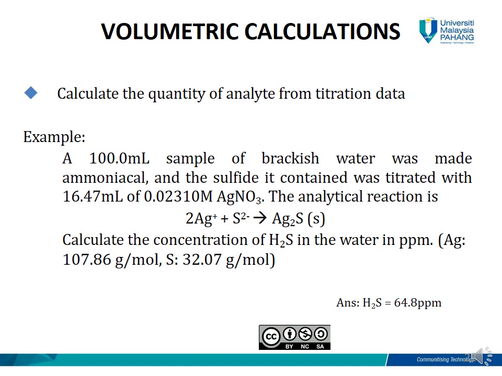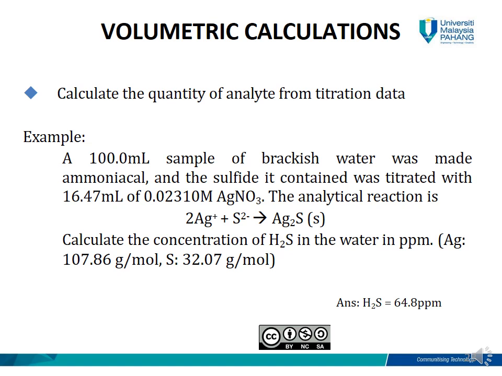Another example. A 100 milliliter sample of brackish water was made ammoniacal, and the sulfide it contained was titrated with 16.47 milliliter of 0.02310 molar silver nitrate. The analytical reaction is as follows. Calculate the concentration of H2S in the water in ppm unit.